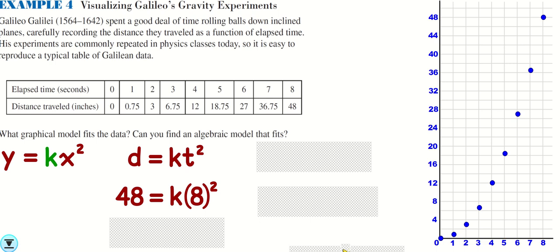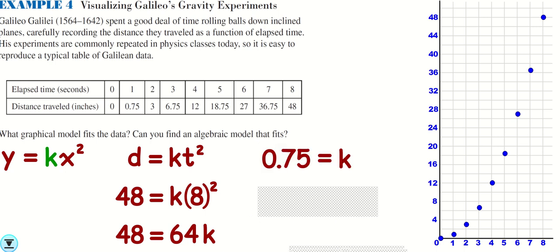So all we have to do now, once we have it simplified to y equals some mystery number times x squared, is toss in this one ordered pair for x and y, or for t and d, and then use that to figure out what that would make k. So we could figure out what k would be just based on this input and that output.